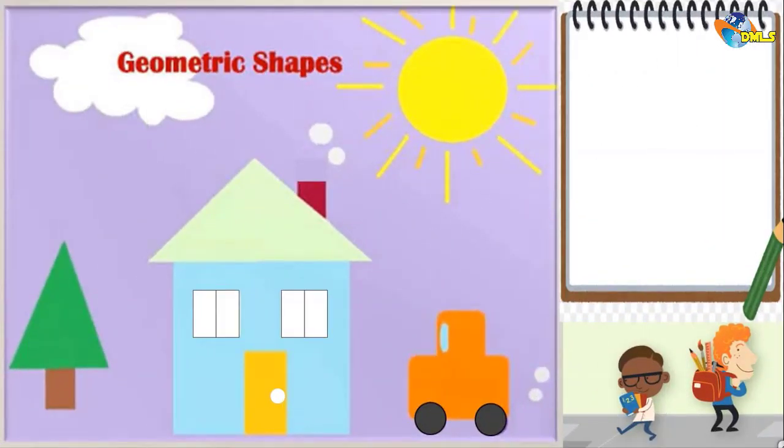Two-dimensional shapes are all around us. Look at the picture and discover how many squares. Excellent. 3. 1, 2, 3. How many triangles? Perfect. It's 2. 1, 2. How many circles?